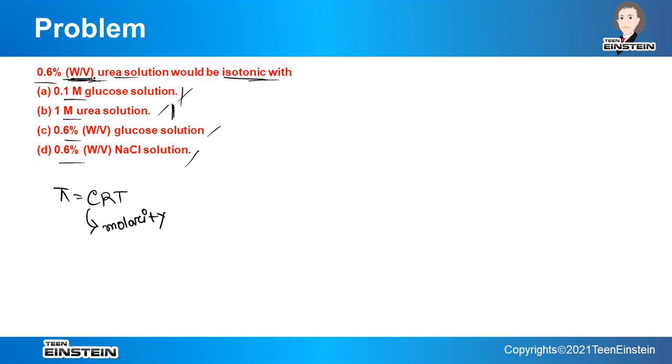So first of all, if we want to convert it to molarity, we have to know the molecular weight of urea, and for that we have to know the formula of urea. So urea is H2N CO NH2. That means the formula will be CON2H4.